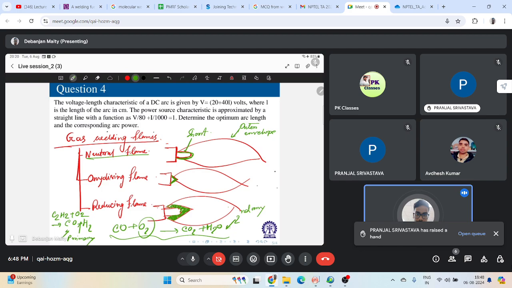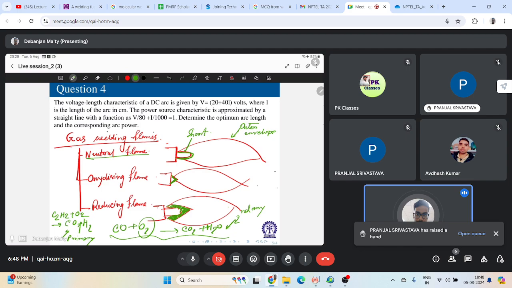Can you quickly give me the answer of question 1? This is very simple. What is written? It says temperature of a carburizing flame in oxygen gas welding is higher than the neutral flame. Okay.